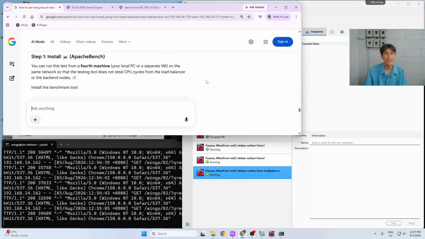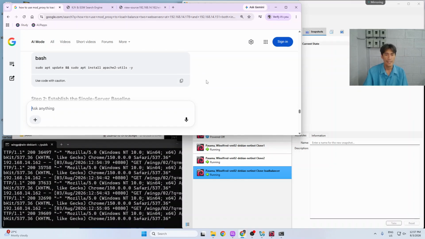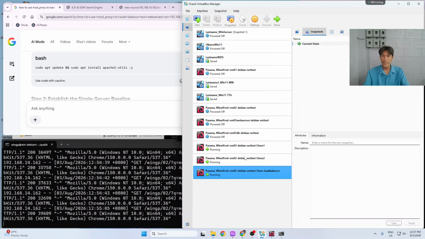Install AB. Already I have AB. You can run this test on a fourth machine. Okay, let's run a fourth machine. Where do we copy a fourth machine? Okay, let's just clone the 02 again. Where is the original 02?